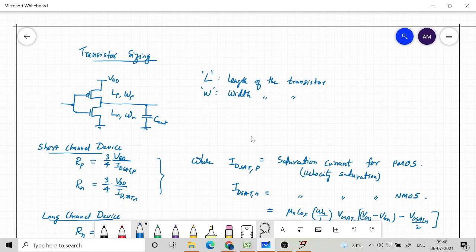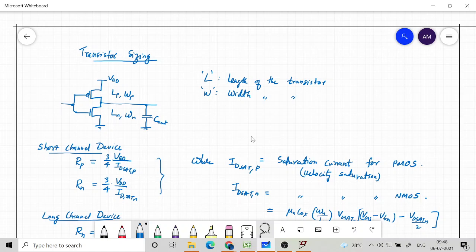Why do we fix it at the minimum value? It is possible to design with a higher value, but we usually fix it at the minimum value so that the area for making the transistor will be the minimum, because the cost of the chip is directly proportional to the area it takes in the chip. How much area is needed to make the circuit will decide the cost of the chip.